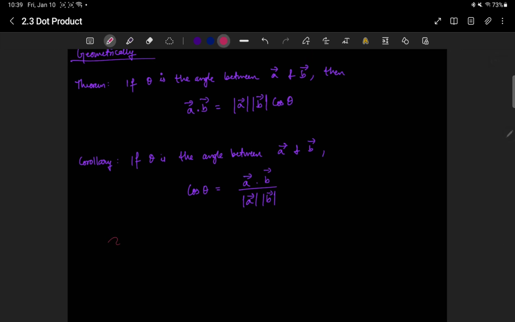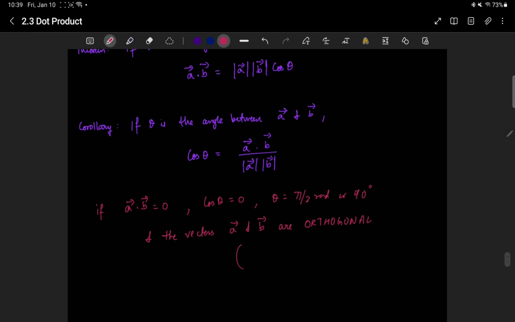And a very nice result here is that if A dot B equals 0, it means cosine theta is 0. It means theta is pi over 2 radians or 90 degrees. And the vectors A and B are orthogonal.